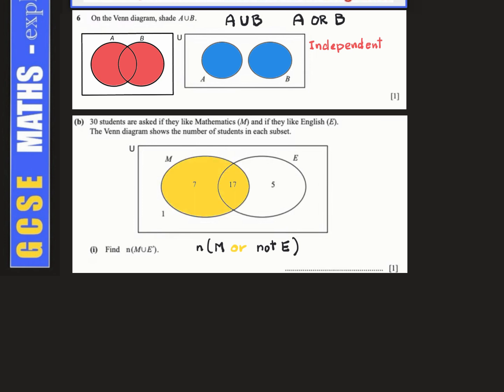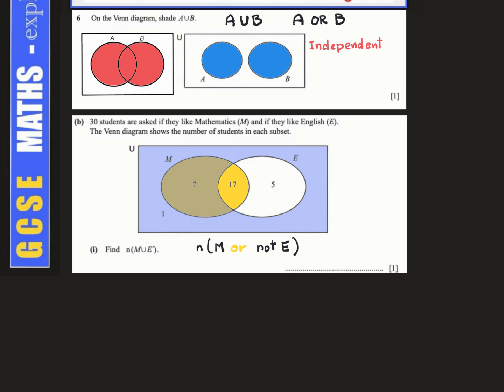Now, not E means that we can shade everything outside this, but we also want to shade in this section over here too, because that's also not E.